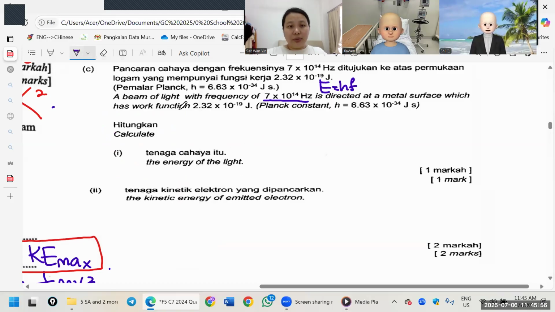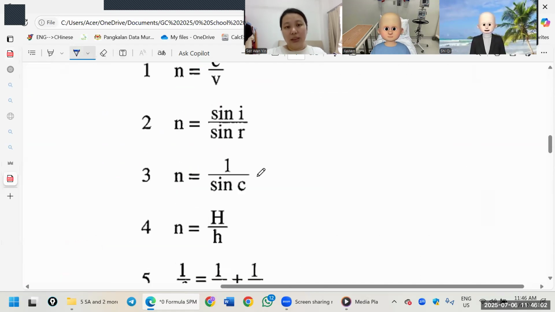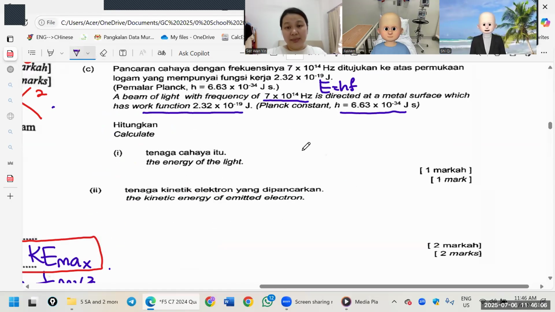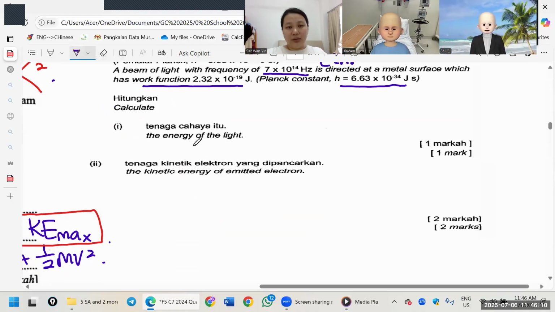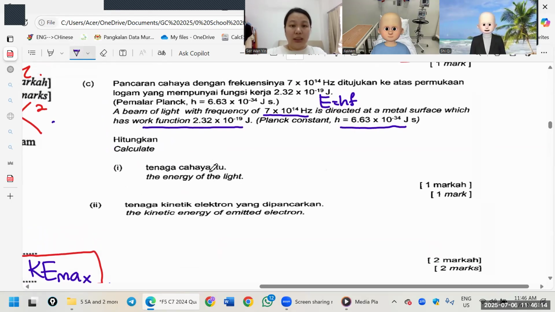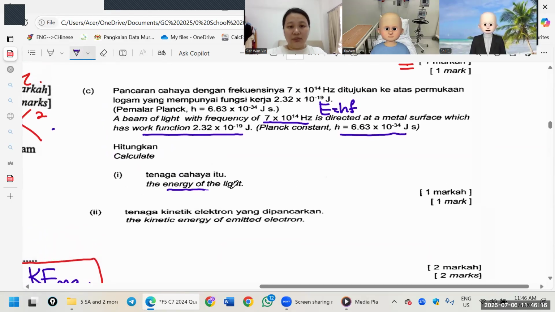It's directed with the work function, or they give everything already. Planck constant, if they don't give, don't worry. It's here. Okay, calculate the energy of light and the kinetic energy of the emitted electron.